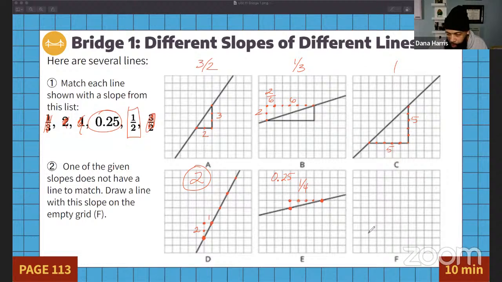We want to draw a line that has a slope of 1/2. So let's pick a point here, and I go up 1 over 2, up 1 over 2, up 1 over 2, up 1 over 2. And then now I can draw a line to connect those. Where's my line?